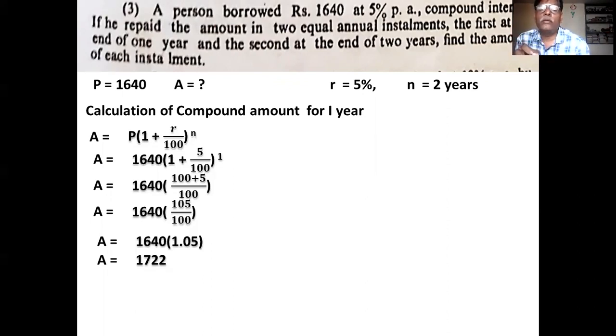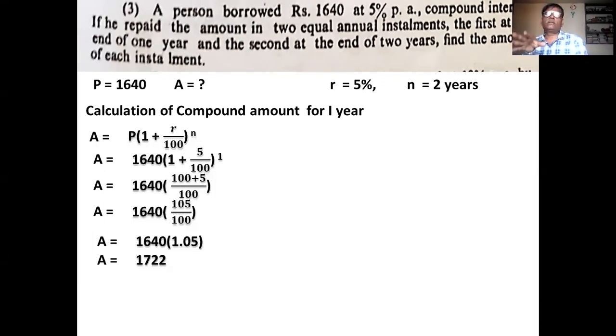But in this problem, the amount of installment is not given, but the installments are equal installments. Therefore, I consider one installment as A. A is the one installment value, because it is not given in the problem.